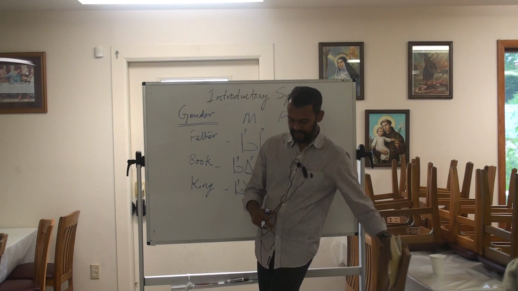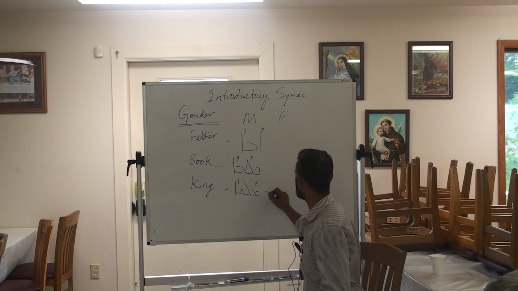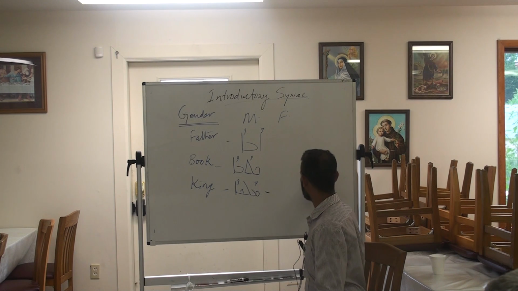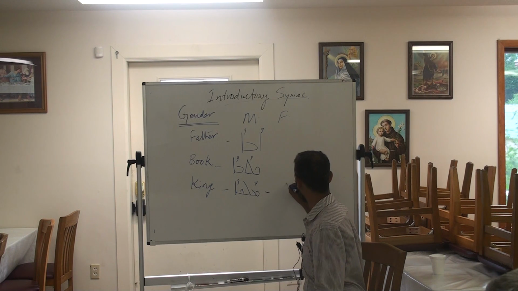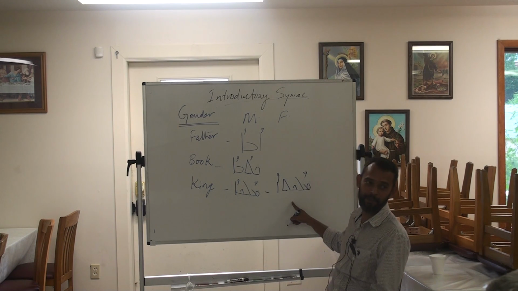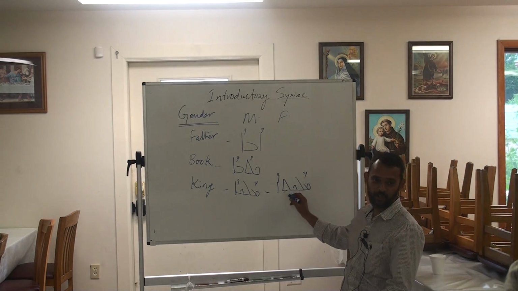In most cases, we can make the feminine of this like adding a tau, malk to, in many cases. Okay, this is the feminine of malko, malk to.